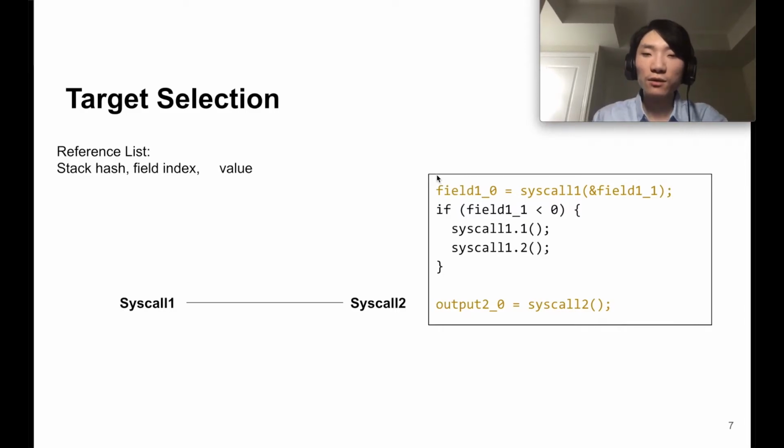So the fuzzing process starts from each syscall in the vanilla syscall sequence. In this case, syscall 1 and 2 are two vanilla syscalls. We first fuzz syscall 1 and initialize the reference list with the stack hash, the first index of the first output field, and the first value picked from the output field's value set.